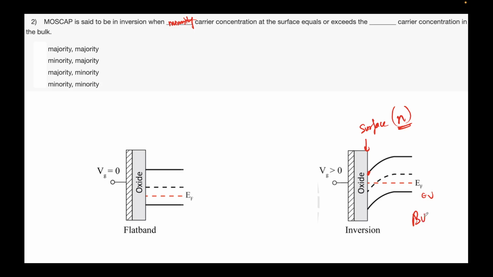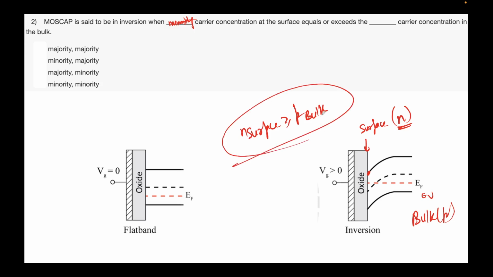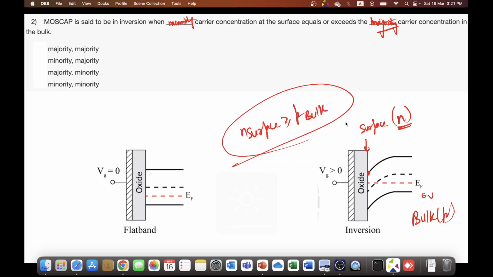So when n at the surface becomes greater than or equal to p in the bulk, that's what we refer to as inversion, right? So when the minority carrier concentration at the surface equals or exceeds the majority carrier concentration in the bulk. This is what we had talked about.